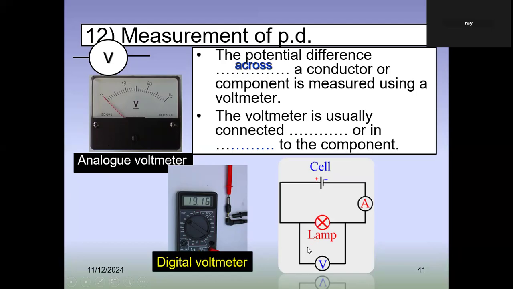So the voltmeter is connected across the conductor or component being measured. If you want to know the potential difference across the lamp, you put a voltmeter across it. Ammeter is in the circuit. Voltmeter is connected across, or in parallel to, a component. The lamp is a component.